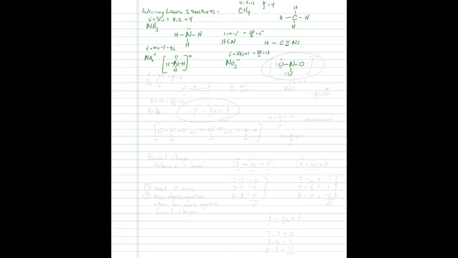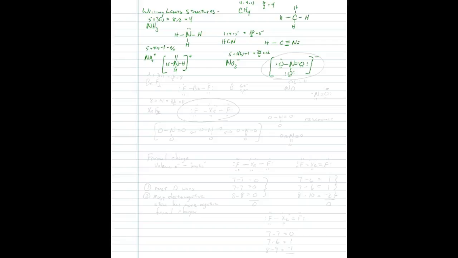Now if I put it here on the O, the N won't have enough. If I put it on the N, I need more, so that means you're going to have a double bond. Since it's a polyatomic ion, slap on square brackets and a minus 1.